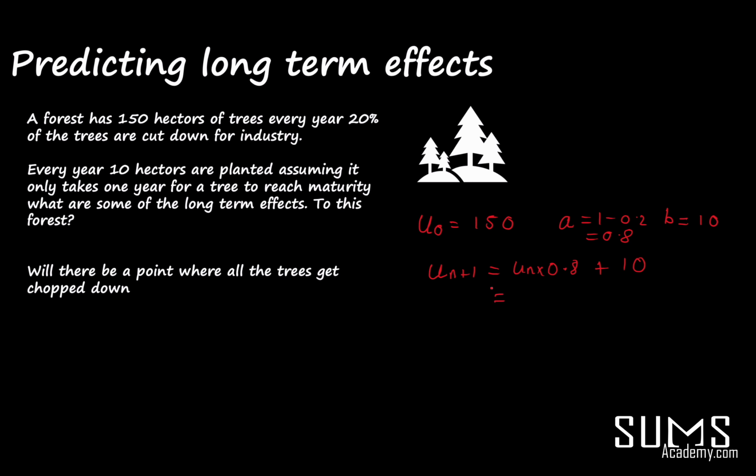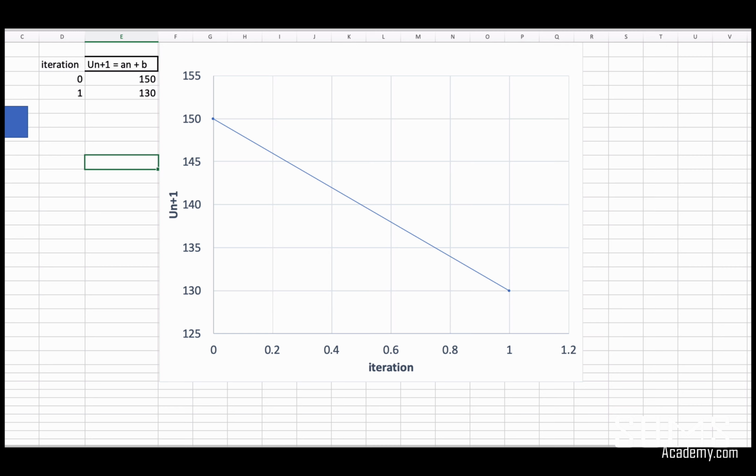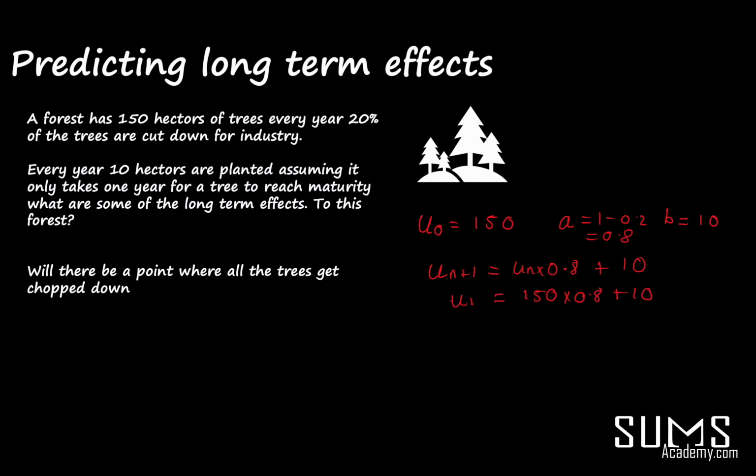So first off, this is u1 equals 150 times 0.8 plus 10. So what is that? If you just pop this in your calculator, this will be 130 trees.